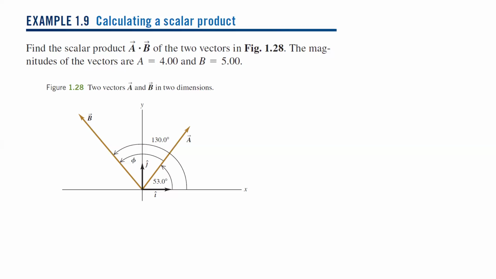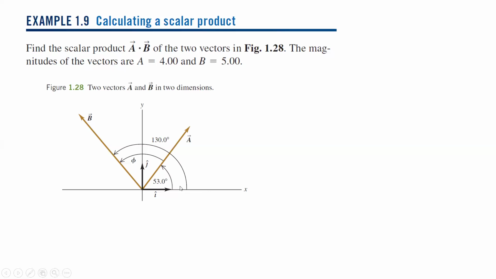So in example 1.9, we're calculating a scalar product. Find the scalar product A dot B of the two vectors in figure 1.28. The magnitudes of the vectors are 4 for vector A and 5 for vector B. So this is the figure.